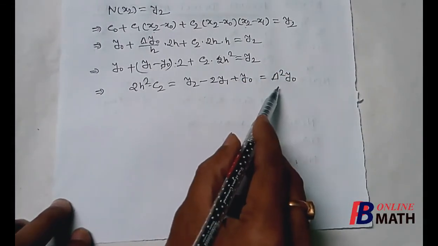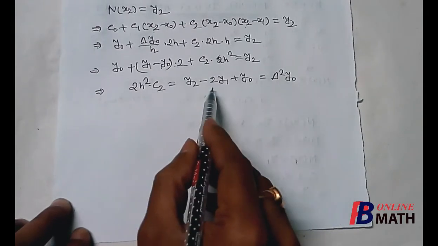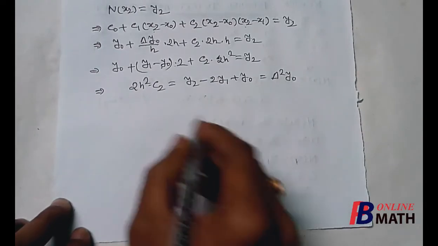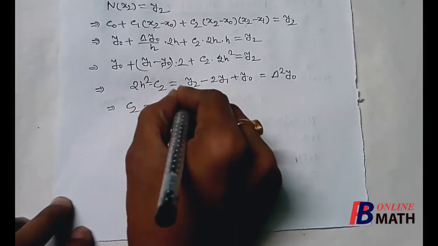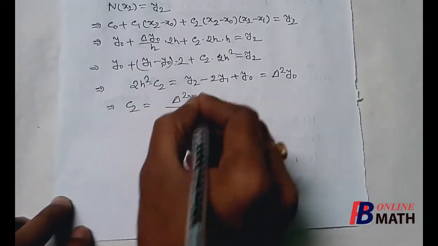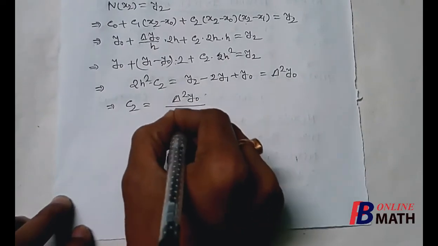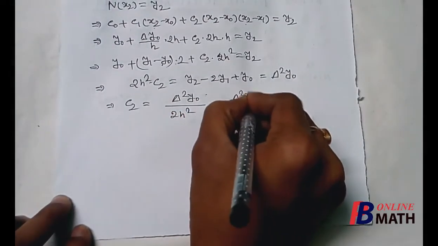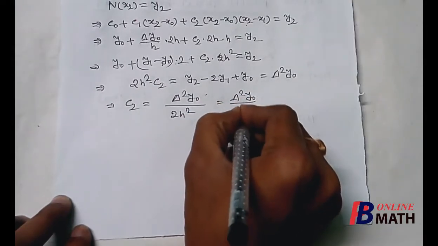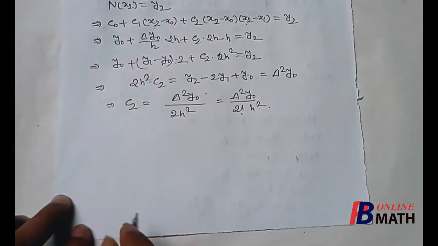So the second order forward difference of y0 equals y2 minus 2y1 plus y0. That means c2 is equal to delta square y0 divided by 2h square, which can be written as delta square y0 by 2 factorial into h square.